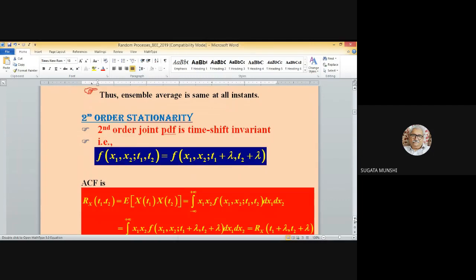When the second order joint probability density function is invariant to time shift, what happens? f x1 x2 t1 t2 will be f x1 x2 t1 plus lambda, t2 plus lambda.